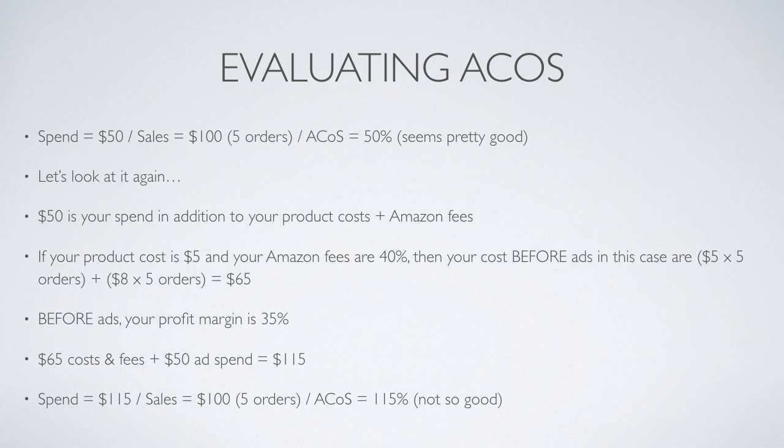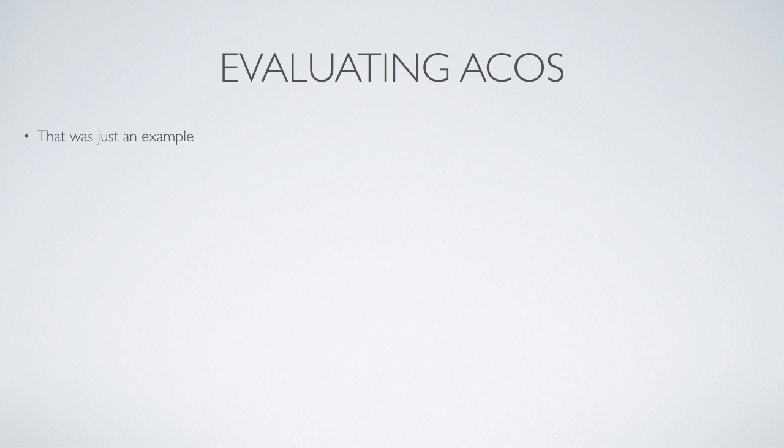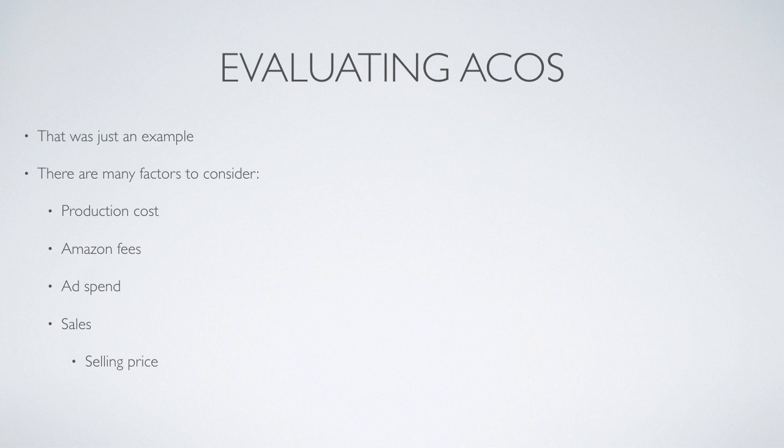Okay, so this was just an example. There are many factors to consider: the production cost, the Amazon fees, the ad spend, and then the sales and the selling price. All of these are different factors that you have to consider when evaluating ACoS. And again, this was a very basic general example.